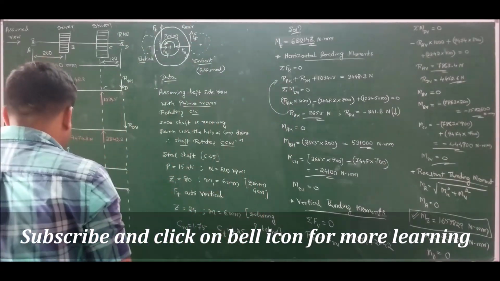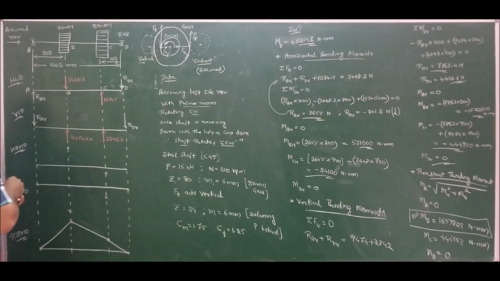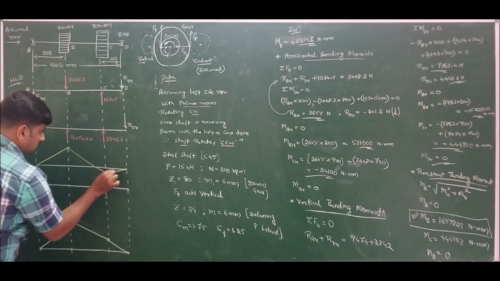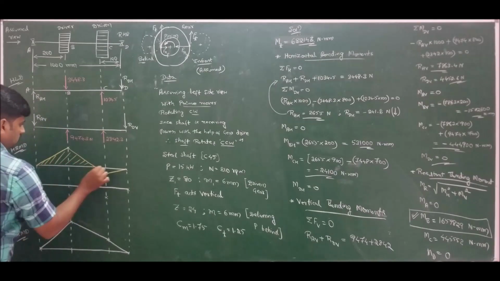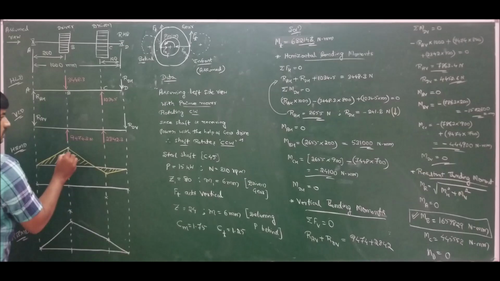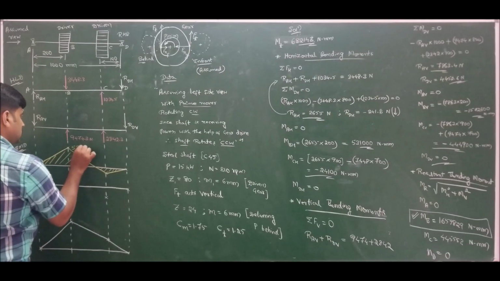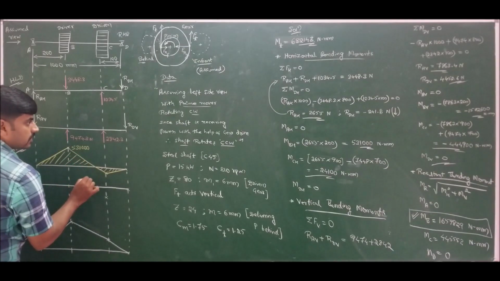Using different colors, if I join, you get the answers as at B it is 531,000, 241,000.